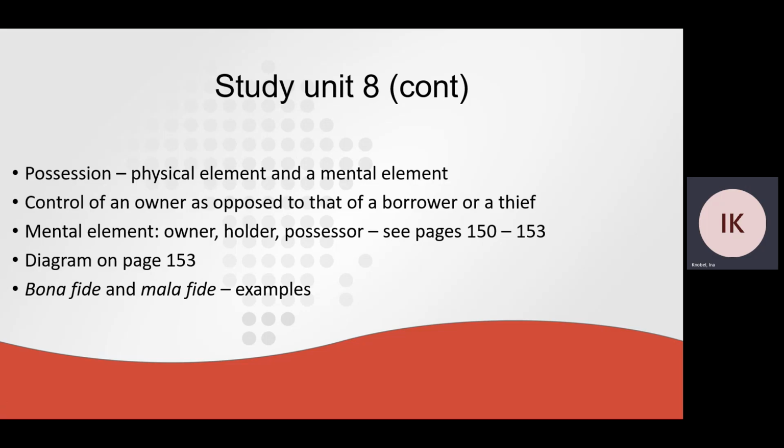So that person thinks that he or she is staying in a property with a valid lease agreement, but in fact that is not the truth. I want you to go and look at all those examples, and you must be able to identify and classify these different types of holders or possessors.